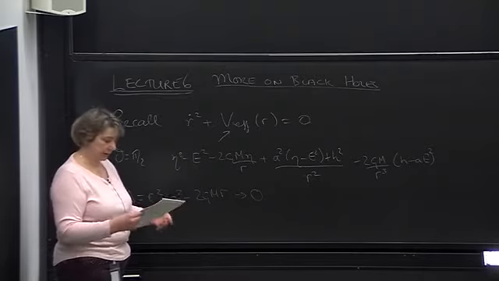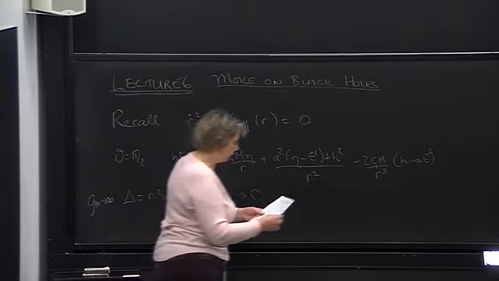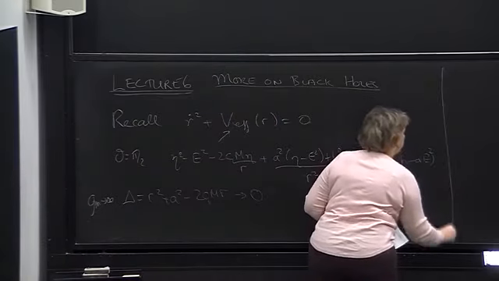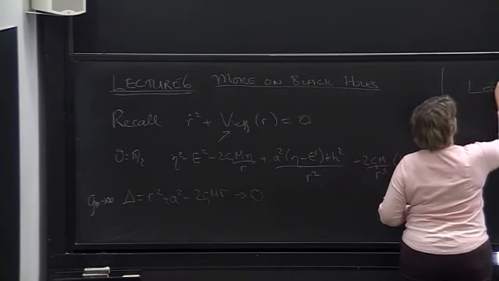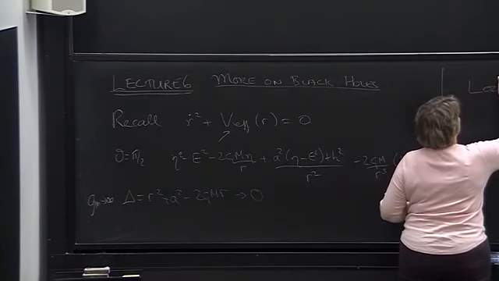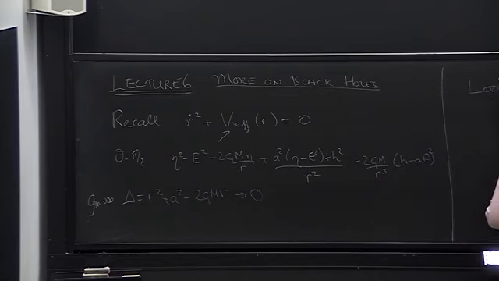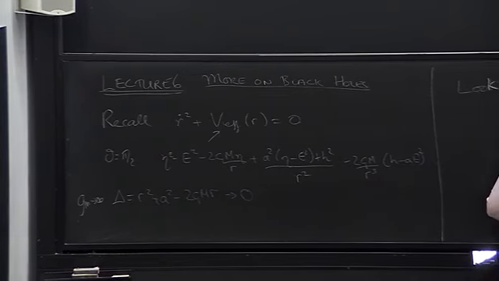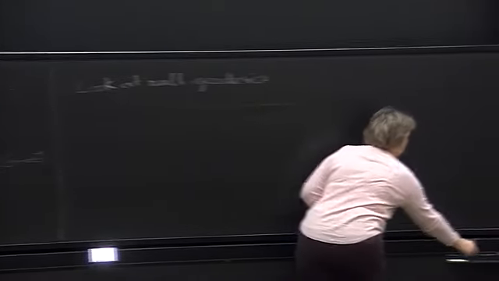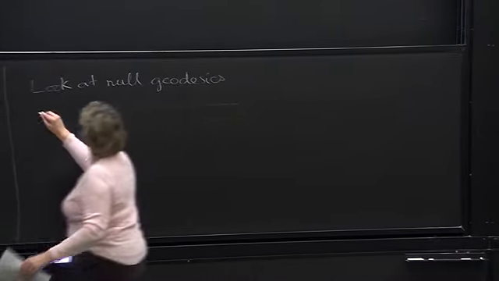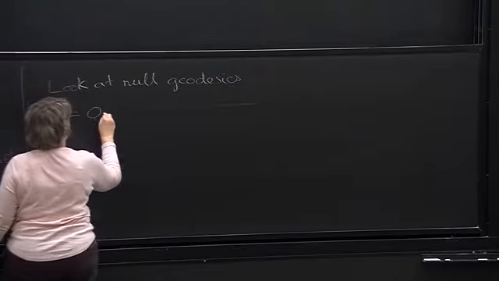And we'll look at null geodesics. One final simplification I want to make: a null geodesic is eta equals zero.